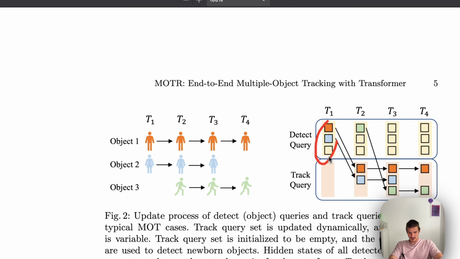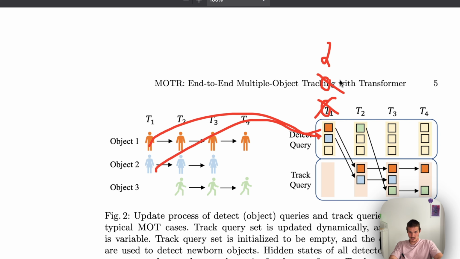We actually got a lot of detections, 300 of them, but knowing the ground truth, knowing that only 2 are actually in the picture, we perform this Hungarian matching to say that this guy matched here, this guy matched here, and then everything else I can just throw away.